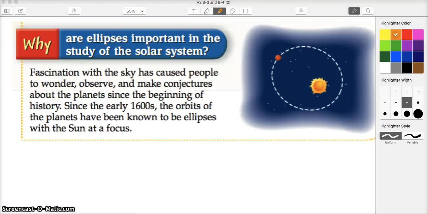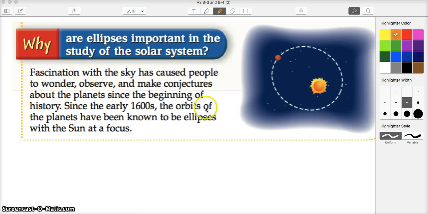So you're probably wondering, why are we studying this anyway? Well, what scientists have found is that ellipses are important to the study of our solar system, because the fascination with the sky has caused people to wonder, observe, and make conjectures about planets since the beginning of history. Since the early 1600s, the orbits of planets have been known to be ellipses with the sun at a focus.